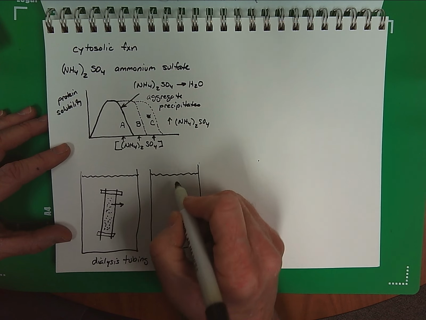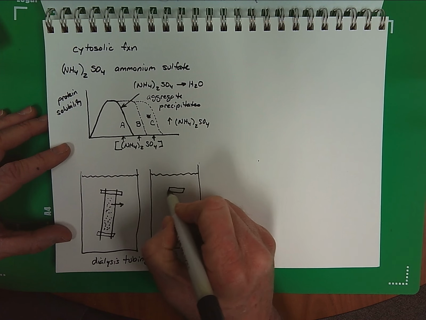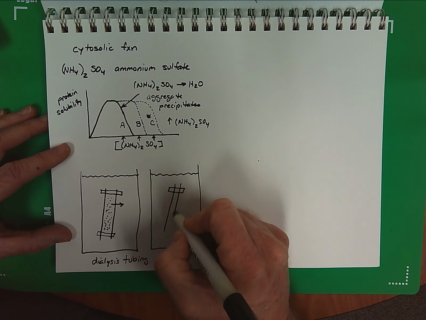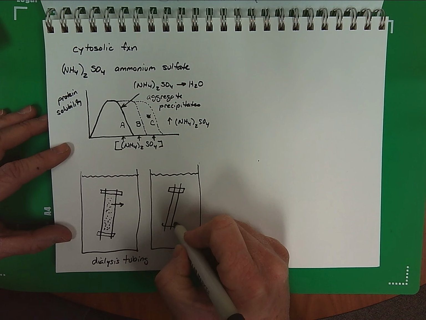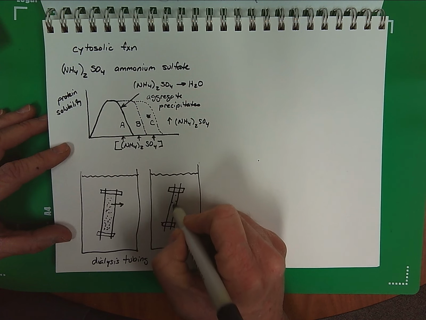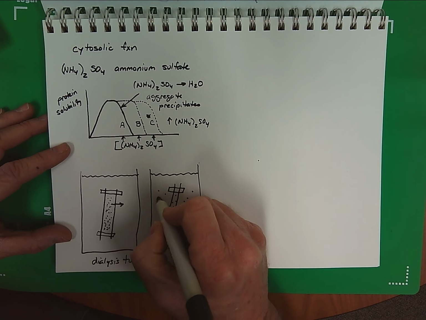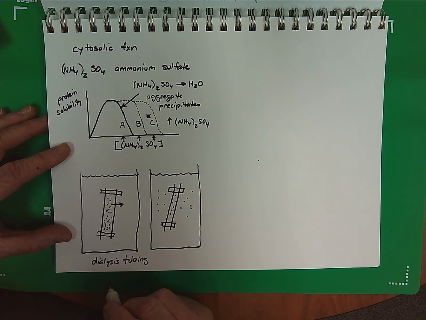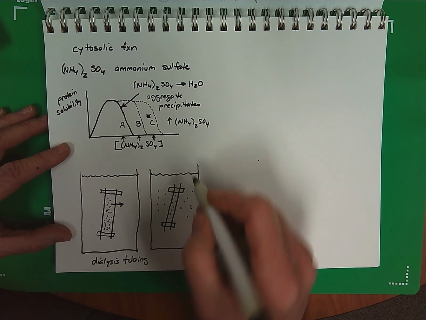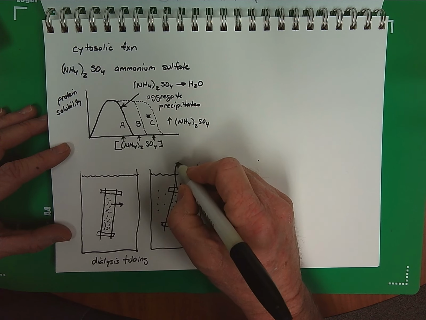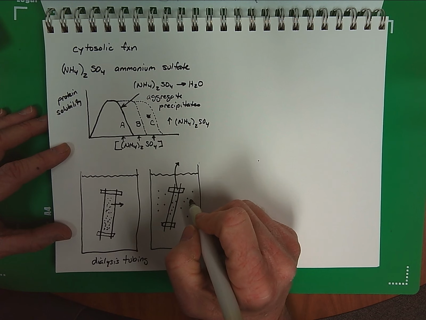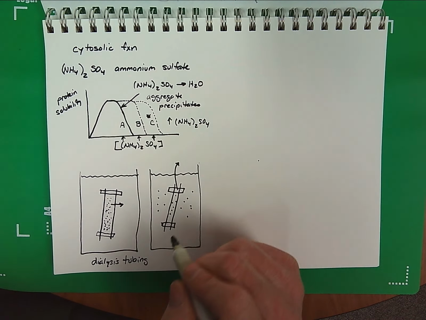And over time, what we will have is called an equilibration of ammonium sulfate in the bag and on the outside when it reaches equilibrium. Then we can remove the bag with our protein in it and move to the next step of purification.